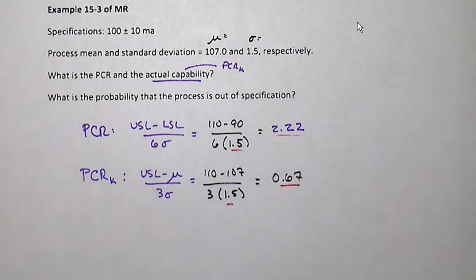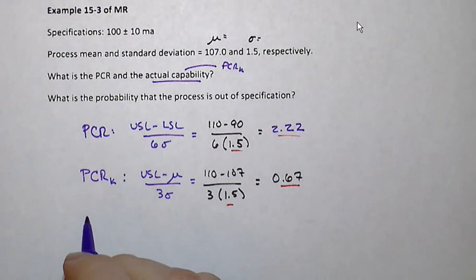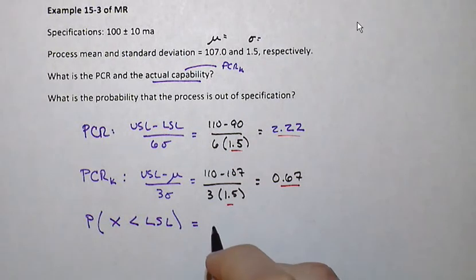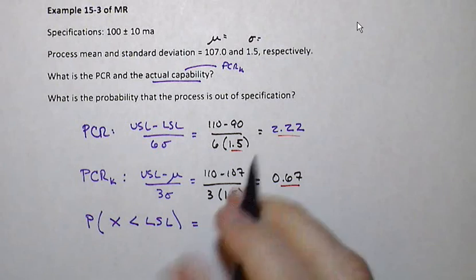Okay. Now they also go on to calculate what the probability is that the process is out of specification. And they look at both the upper limit and the lower limit. And this is just a straightforward normal distribution calculation. What's the probability here, excuse me, that x is less than our lower specification limit? Right? And with us knowing these specific population parameters, it is directly a normal distribution calculation.